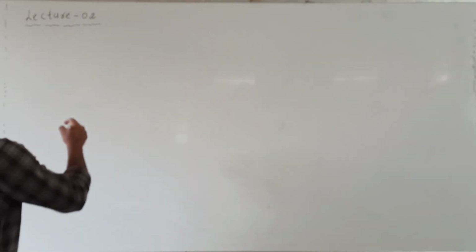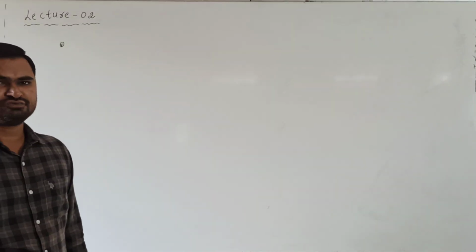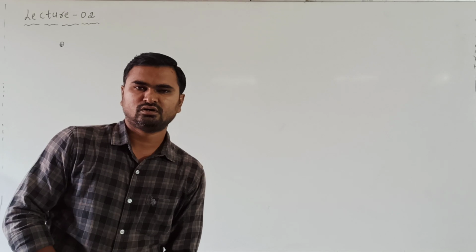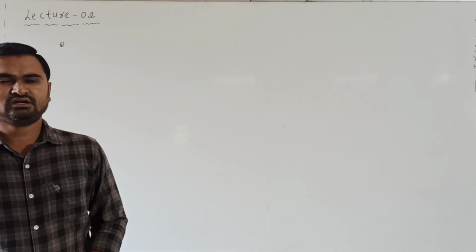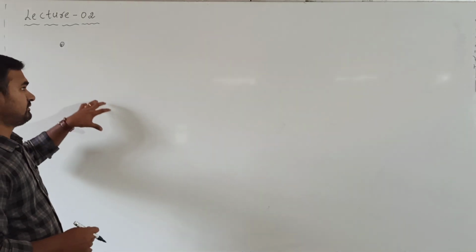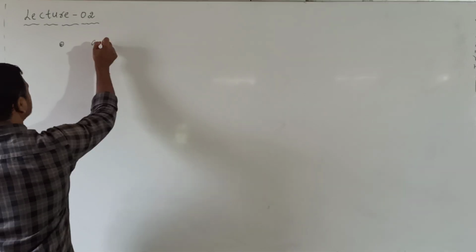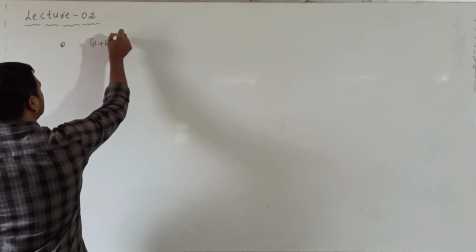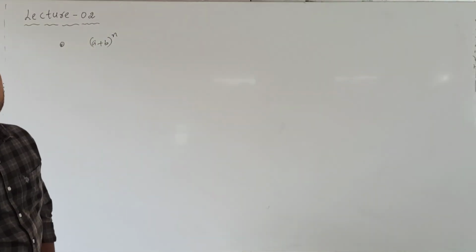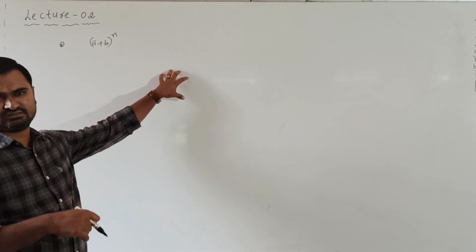Next, there are some formulas. Suppose when we are asked to find the 8th term or 10th term, any term we can find with the help of the general term in the expansion. But sometimes in the expansion (a + b) whole power n, they will be asking for the term required from the end.